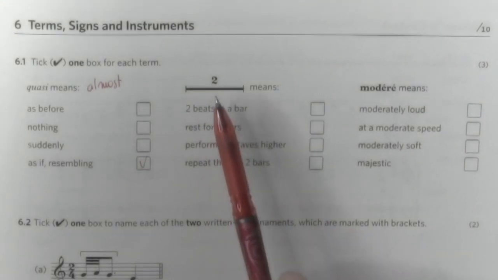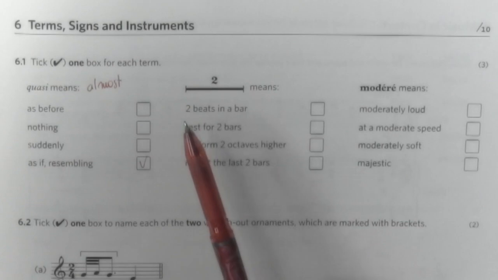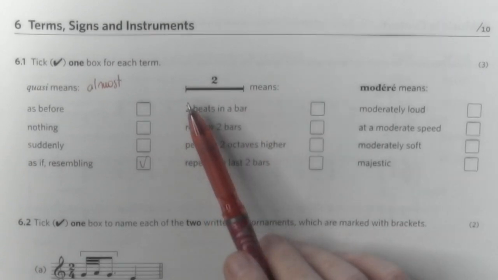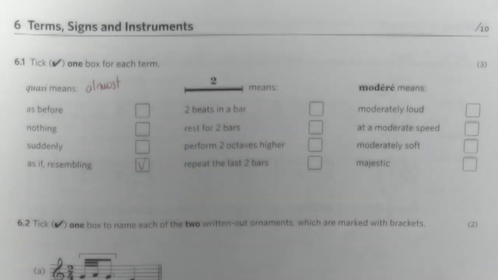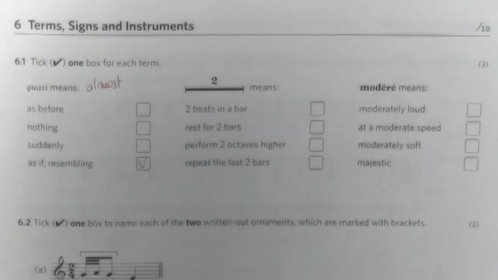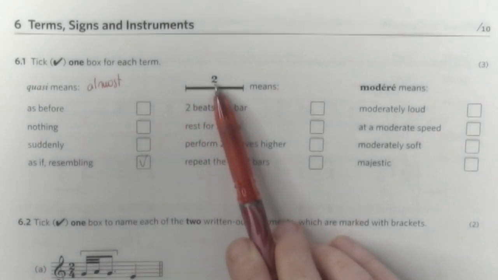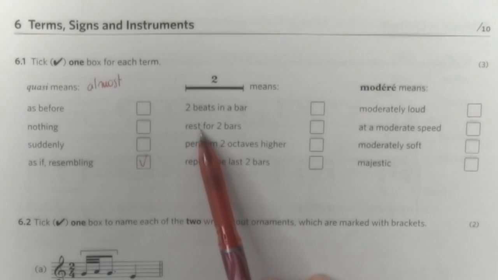The player does not move, does not play for 2 bars. This is usually for ensembles, four-hand music as well, so chamber music, ensembles and all that stuff. This means that for 2 bars the player is silent, doesn't move, doesn't play, doesn't make a sound. So rest for 2 bars.